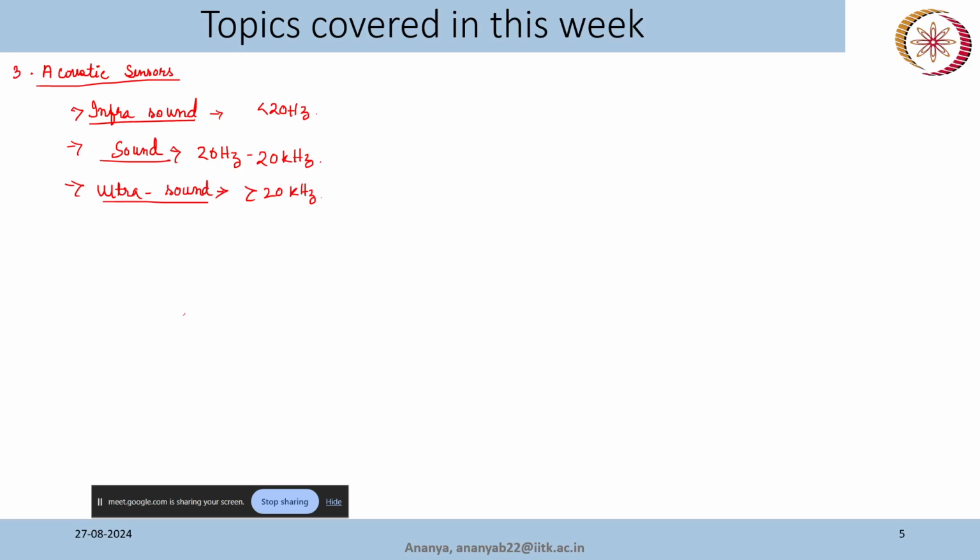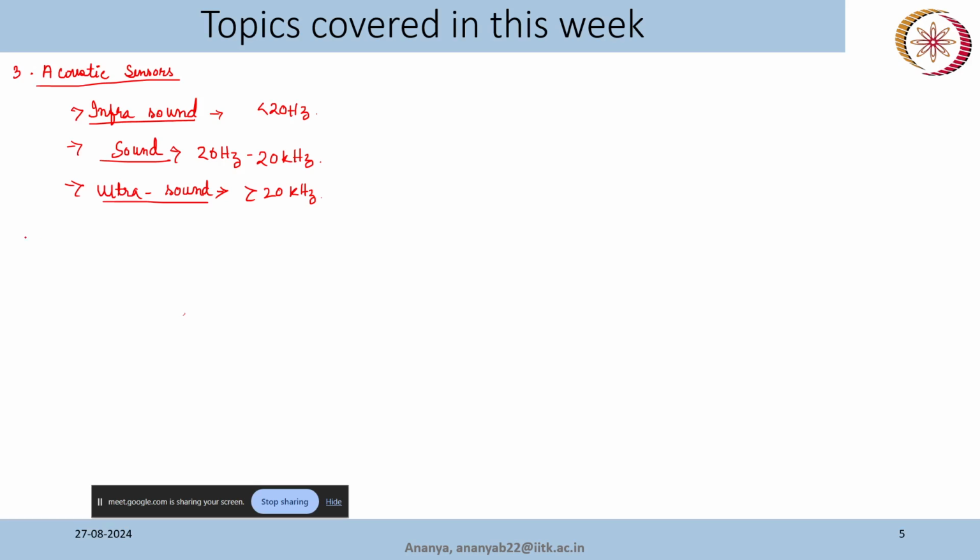Sound energy in general can be used for detection of objects in various situations where optical signals cannot be used, say in a smoky environment, or in an industrial setup where the precision of detection is necessary but we cannot use visible light or any other electromagnetic or optical signal. In that case, sound energy or acoustic sensors can be used for detection of objects.